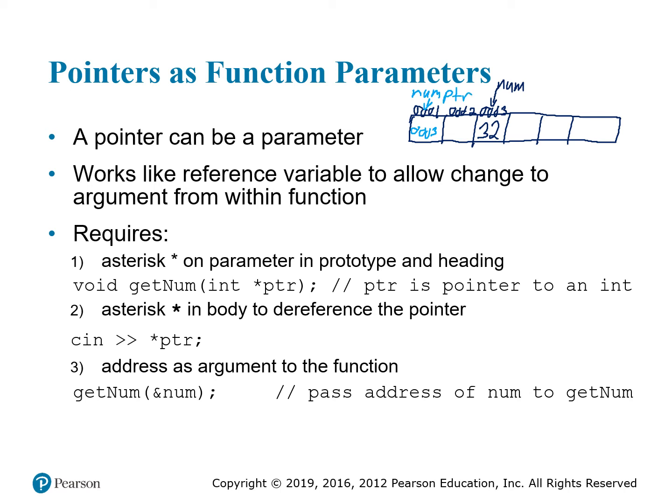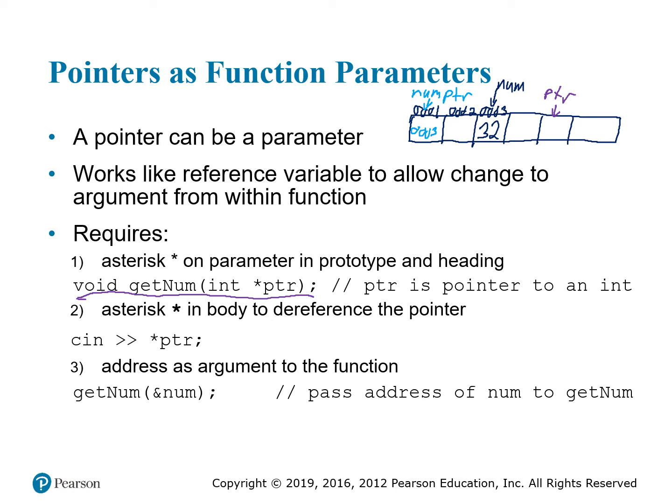Okay, and then somebody declares this function, void getNum int star pointer. Pointer is pointing to an int. When we call that function, it creates pointer here, somewhere on the stack.